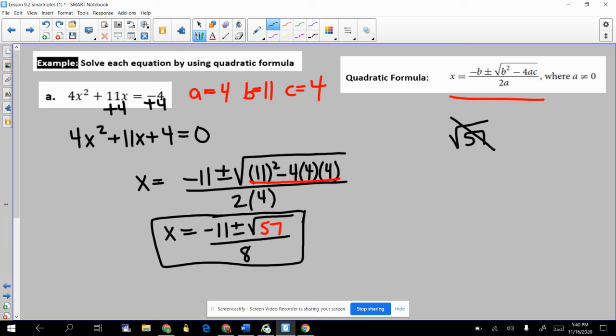Okay, now I know it looks a little bit ugly and you're like, well, that doesn't look like some of the answers we've gotten before, but that's okay. This is telling us that the solutions would be kind of like a decimal, because if we did take that square root of 57, we would get a decimal. But this is your exact answer, and we want to leave it nice and neat like this with the positive and negative versions, okay? Because of that plus or minus, we still know that there are two solutions.